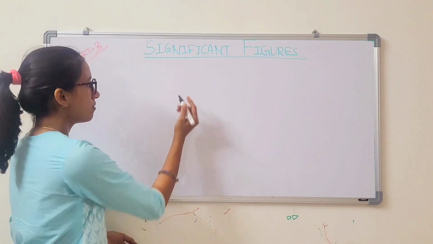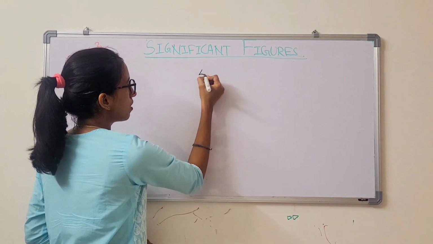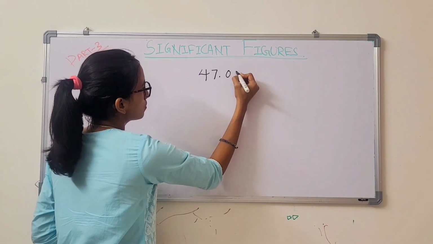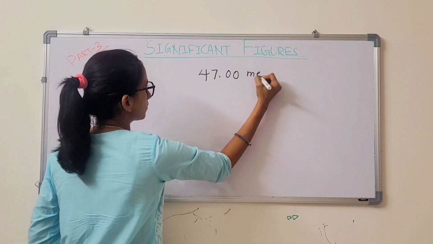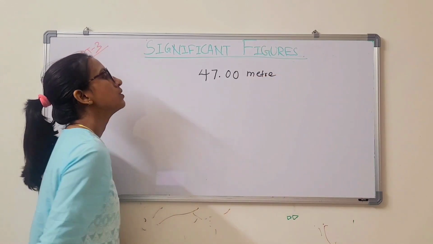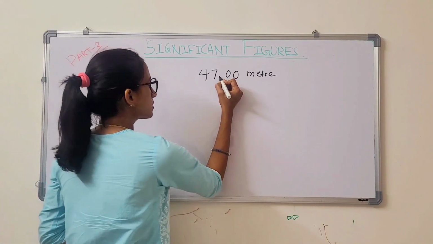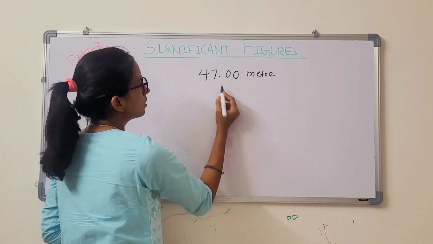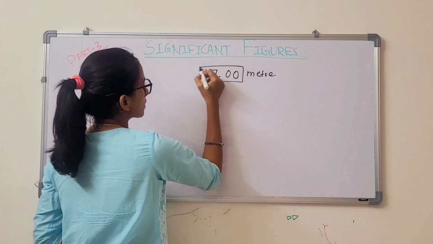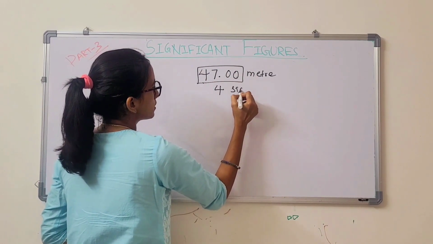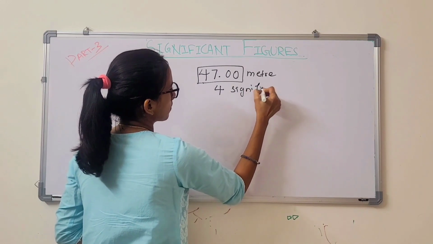How? Suppose you have a measurement of 47.00 meter. Then here you will say that since these 00 are mentioned explicitly, all of these are 4 significant digits.